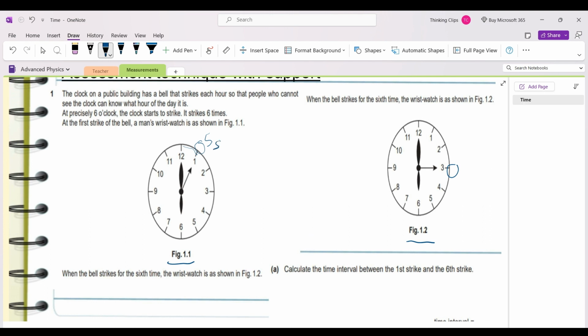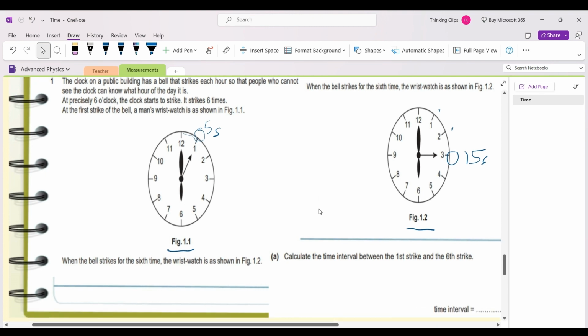And then here we have 5, 10, and so here we have 15 seconds. So the man's wristwatch has gone from the second hand being on the 5 second to the 15 second part of the clock face. So we can say the time interval is 15 seconds, subtract 5 seconds, which is going to be 10 seconds.